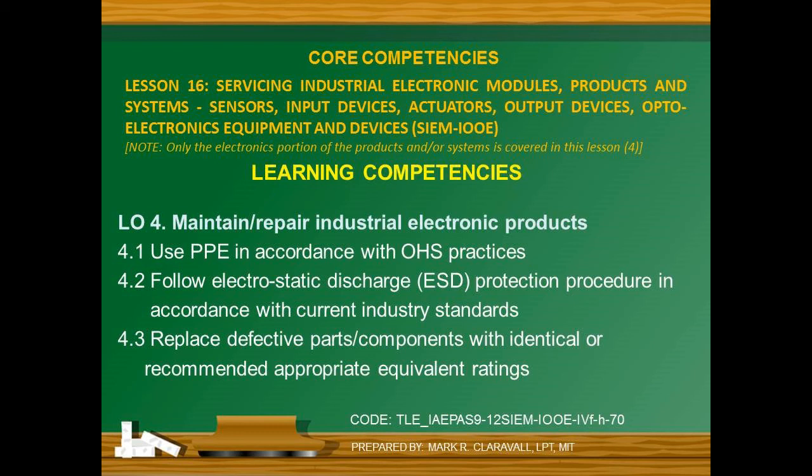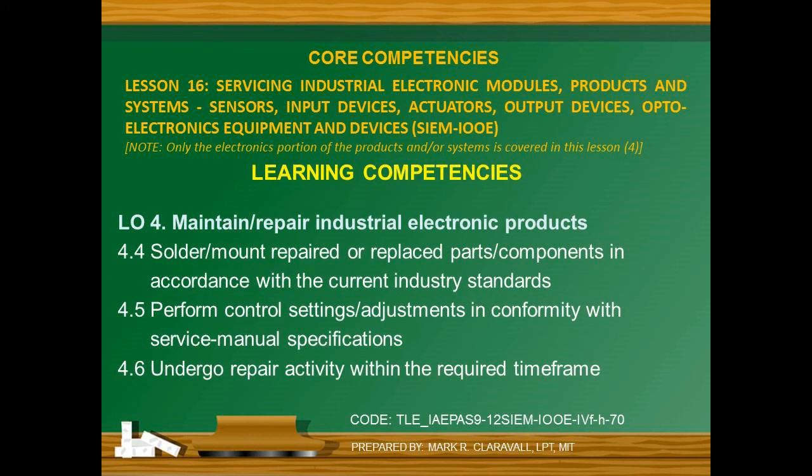Learning outcome number 4.3, replace defective parts/components with identical or recommended appropriate equivalent ratings. Learning outcome number 4.4, solder/mount repaired or replaced parts, components in accordance with the current industry standards.